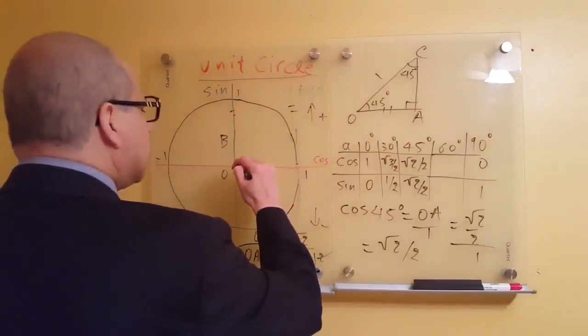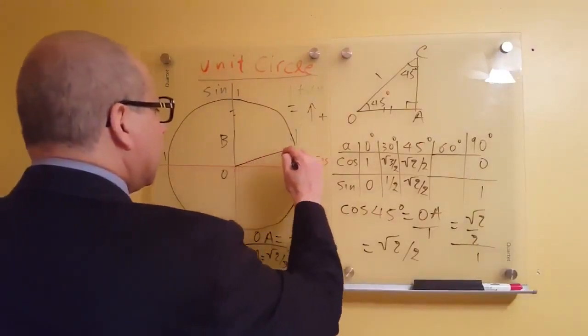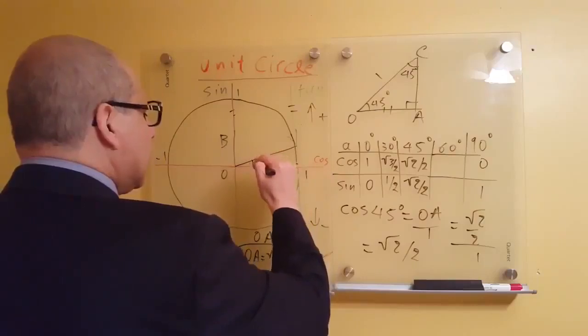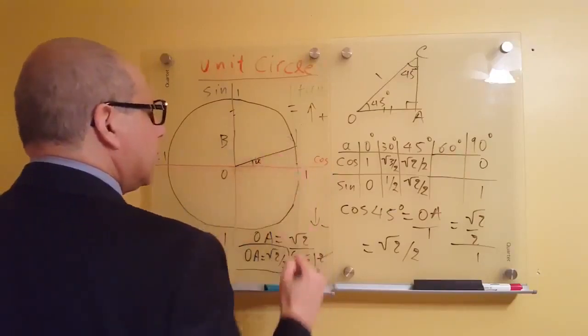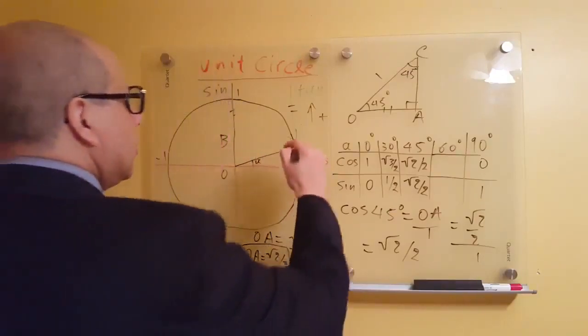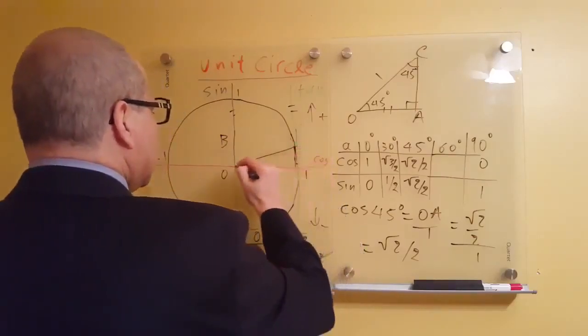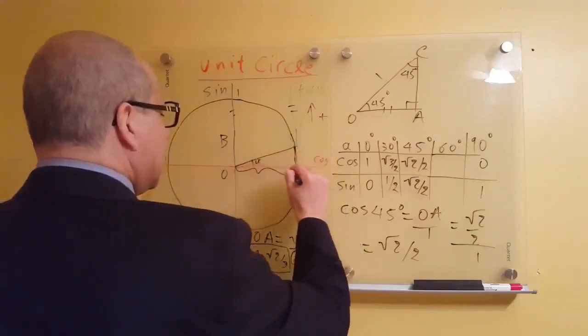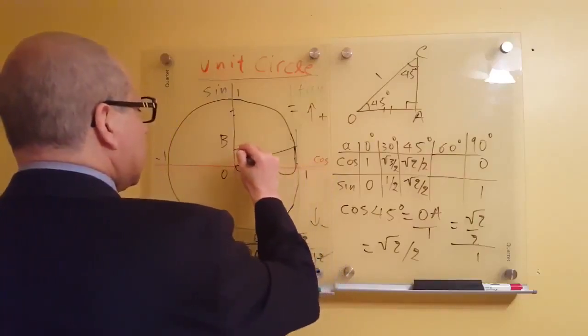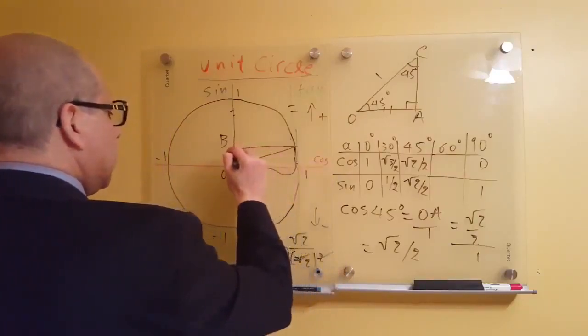So, I mean, let's say we have this angle here. Let's call it again A. So, the cos of this angle it's this here, and the sine of this angle is this here.